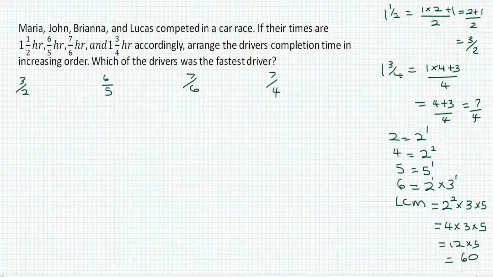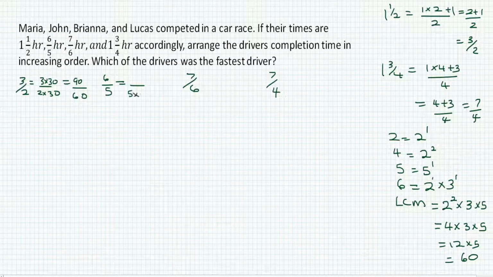Now we're going to convert these to equivalent fractions with a denominator of 60. We're going to multiply 2 by 30, and 3 also by 30. This gives us 90 over 60. Then 6 over 5, we're going to multiply 5 by 12 and 6 by 12.